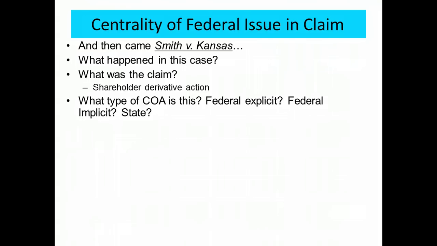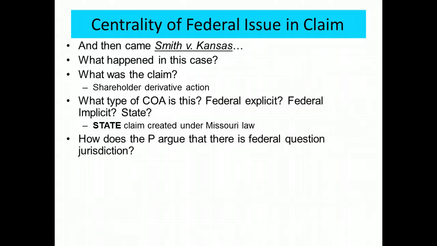If we go under the American Well Works test, the question really is, what type of cause of action is it? Is it a federal cause of action either created explicitly or implicitly within the federal law, or is it a state cause of action? And the answer is it's state. So under American Well Works, the answer would be that there would be no jurisdiction. Right, plaintiff here is trying to say that there is federal question jurisdiction despite the holding in American Well Works.